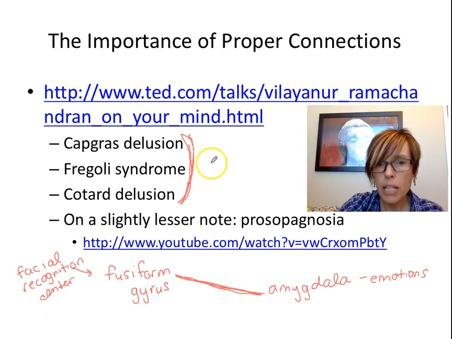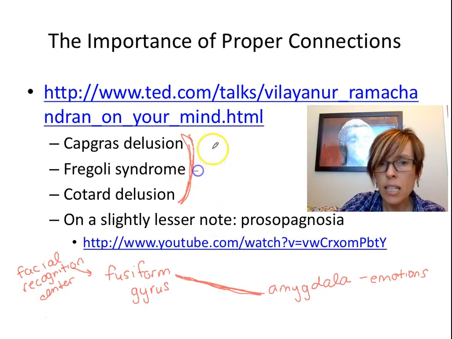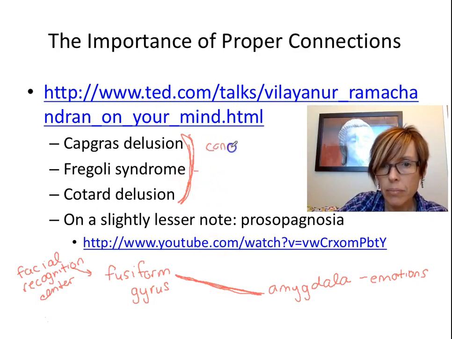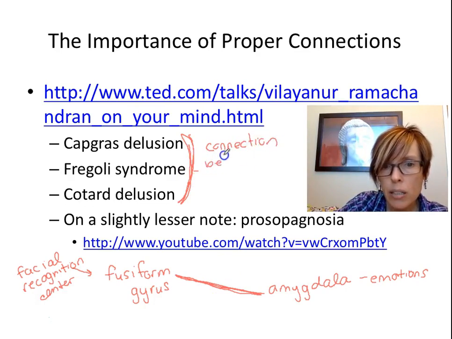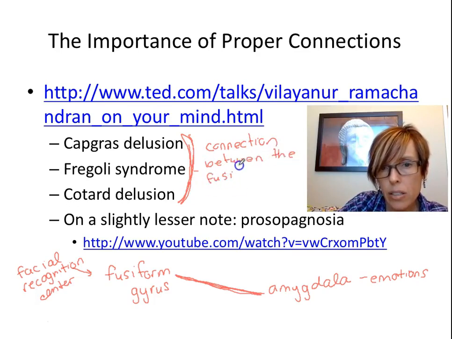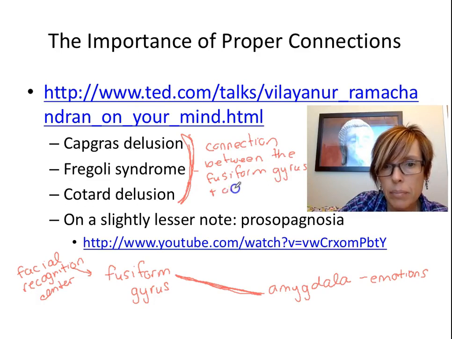So what ends up happening in these three diseases is the connection between the fusiform gyrus and the amygdala is damaged.